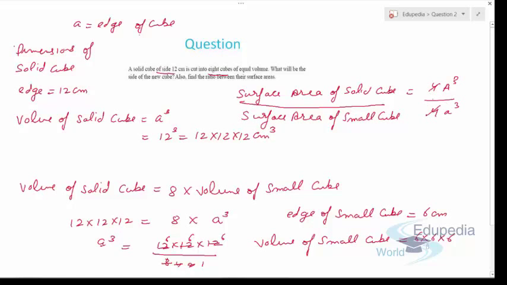So this and this will get cancelled. So this will be A upon small a, the whole cube, right?